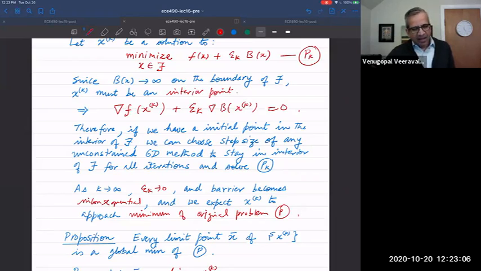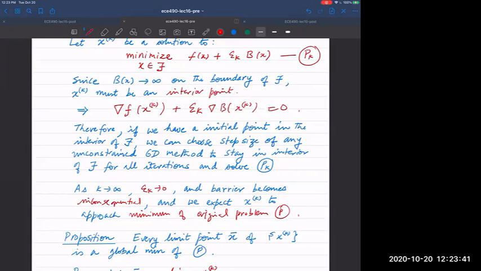But by adding the barrier, you're guaranteeing that the optimum solution is in the interior, and so then you can use backtracking algorithms like Armijo, modify those algorithms so that you always remain in the interior without having to do the projection step explicitly. You just keep decreasing the step size. You decrease the step size by a little bit, check to see whether you're in the set or not, and decrease it some more if you're not. Okay.